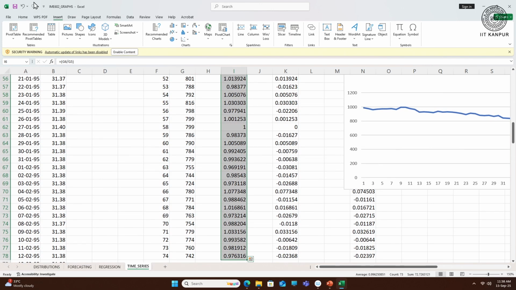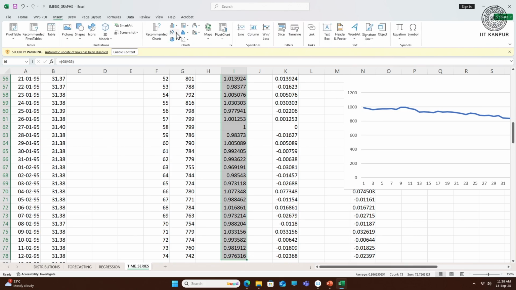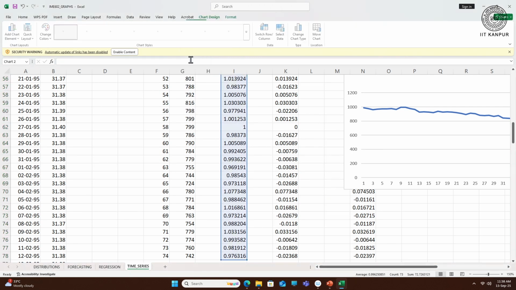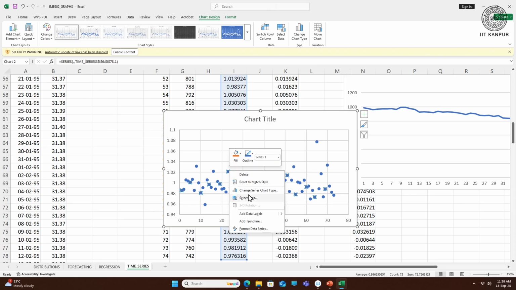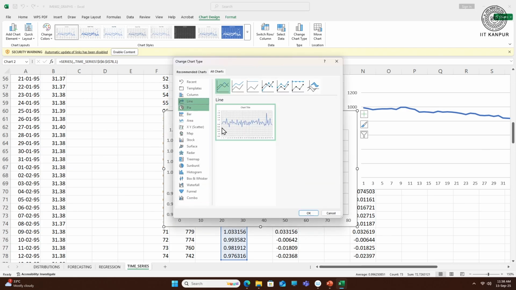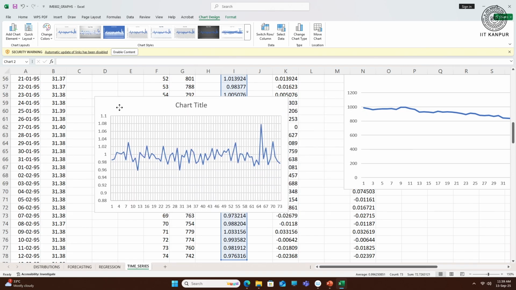The first plot which I do is basically the total return and I mark it. So, this is the plot for total return. I will keep it here.